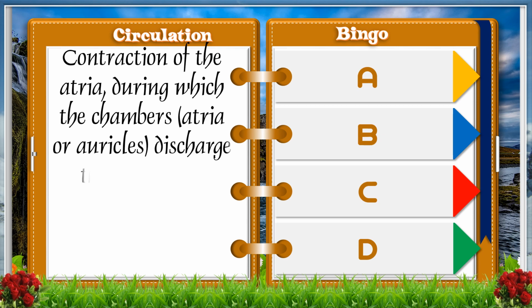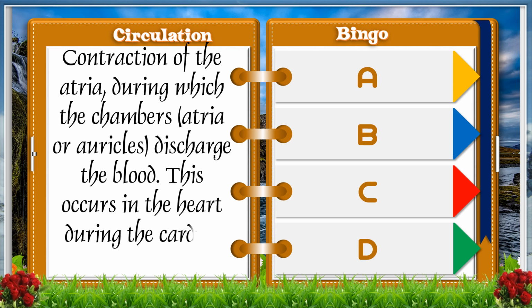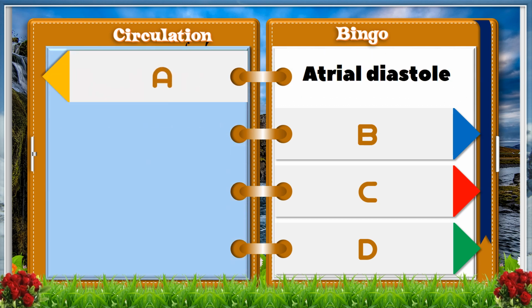Contraction of the atria, during which the chambers, that is the atria and auricles, discharge the blood. This occurs in the heart during the cardiac cycle. A. Arteriodiastole.